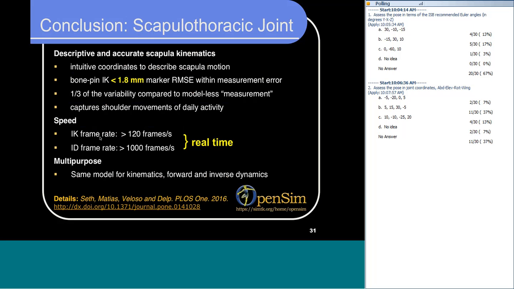All kinematic and dynamic analyses were executed faster than real time. We saw that in the inverse kinematic results. For more details about the formulation and dynamics of the model and the results for inverse dynamics and simulation, please download our paper published last January in PLOS ONE.